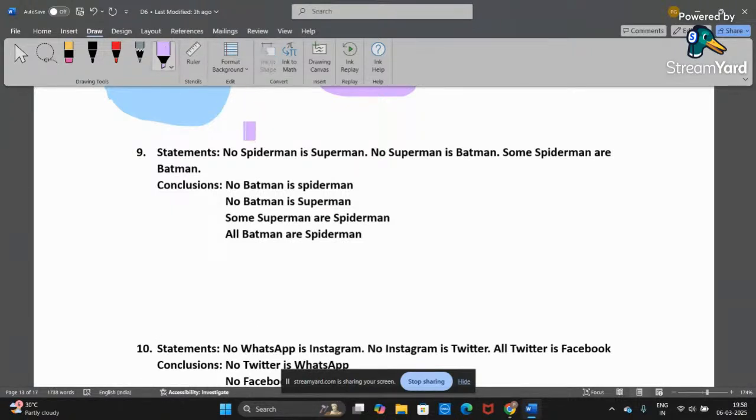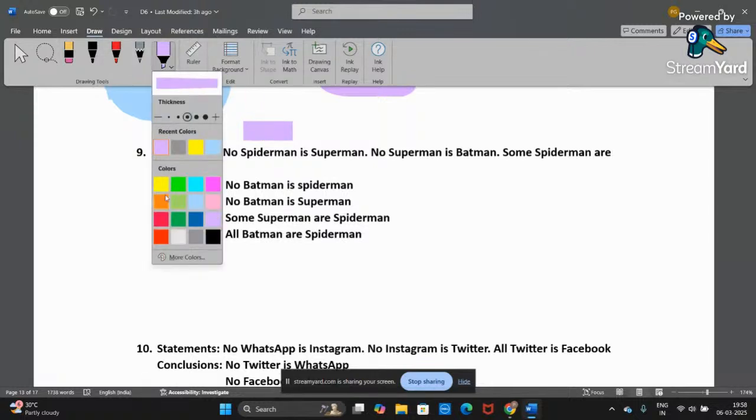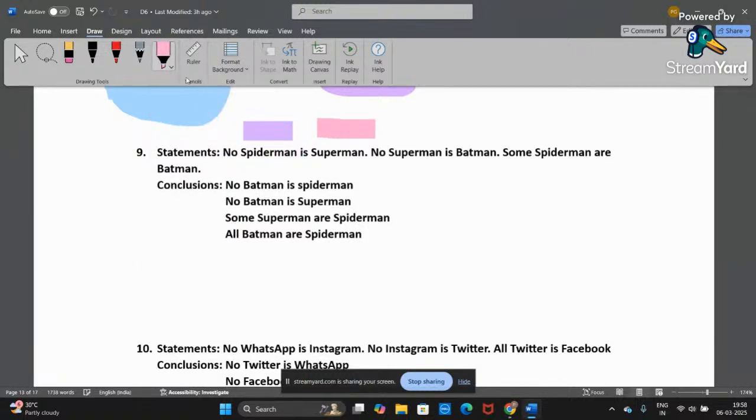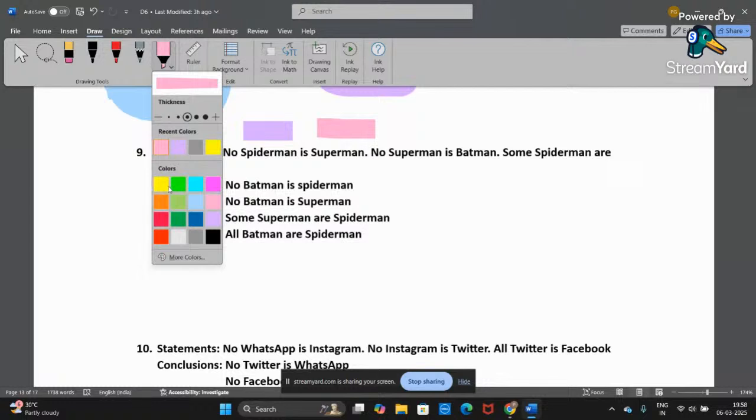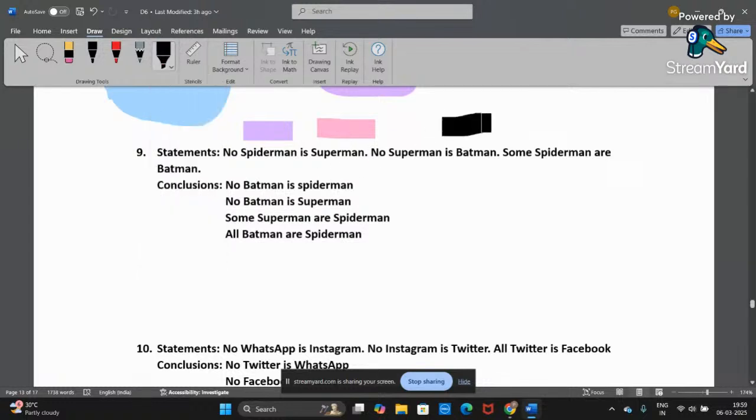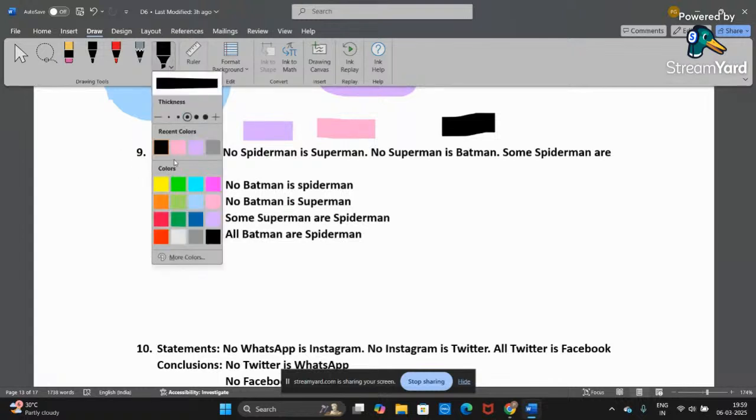See, let's take Spider-Man in purple, Superman in pink, Batman in black. Okay, Batman, sorry, let's take it as silver.